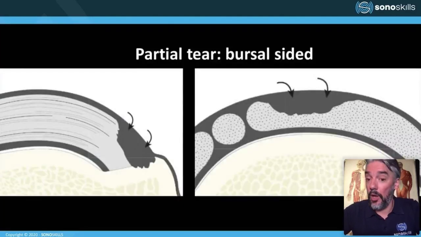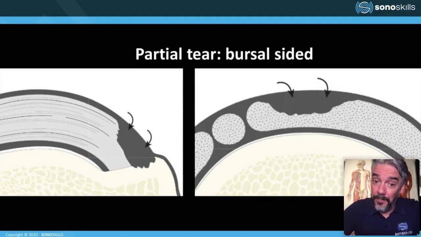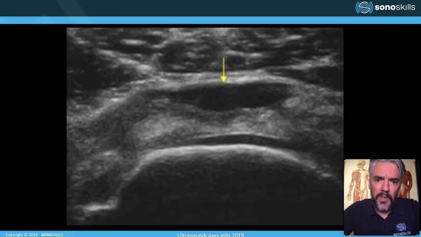Partial tearing, we can have near the bursa, the bursa is here, and this is called a partial tear, bursal-sided. In this case, this is a very clear case of a partial tear, which has like 50% of the tendon and it's very close to the bursa.